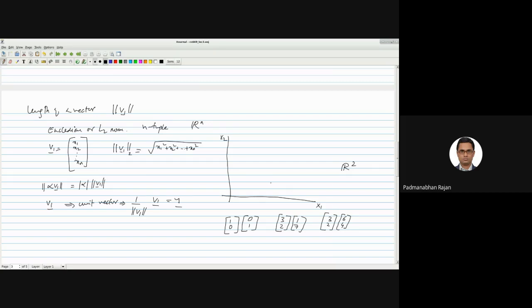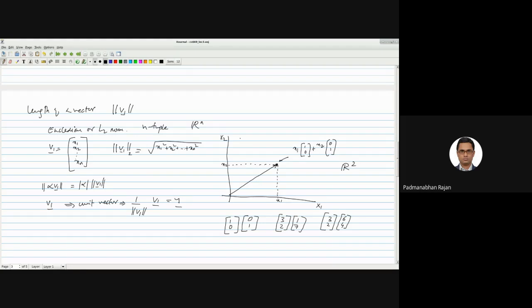So, talking about the unit vector, suppose I have a vector here. Some vector is there. In terms of the standard basis, let me call the axes x1 and x2. This particular point is basically x1 times [1,0] plus x2 times [0,1]. This is this particular vector, and it has got some length.